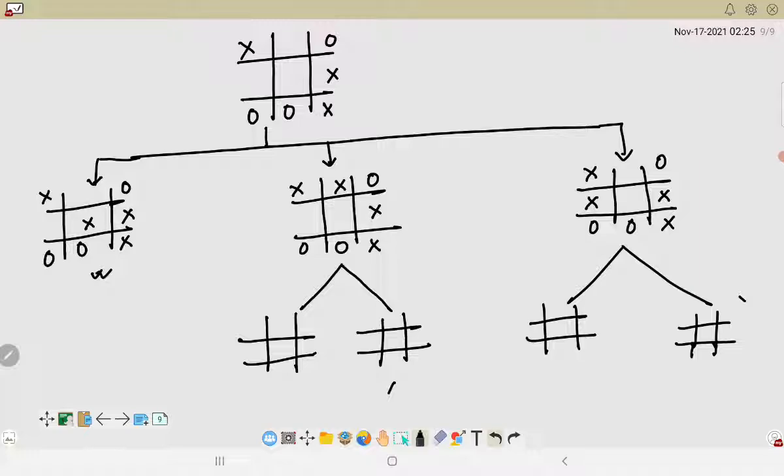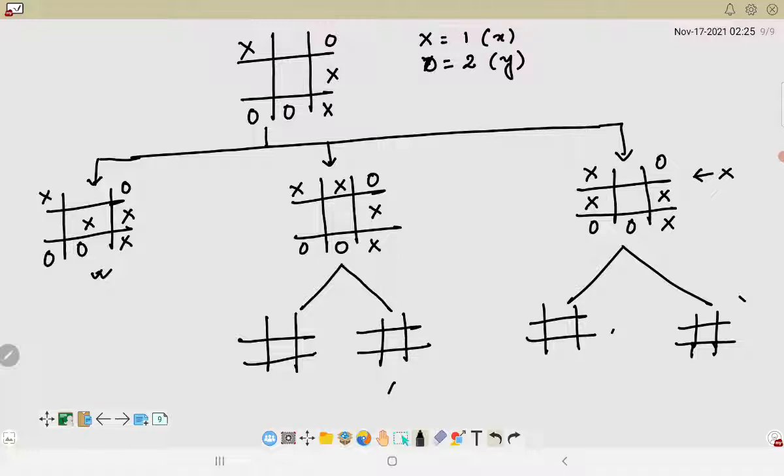Since x played here, this was x's move, now it will be y's move. We will represent x as player 1 and 0 as player 2. Let us consider x and y here.